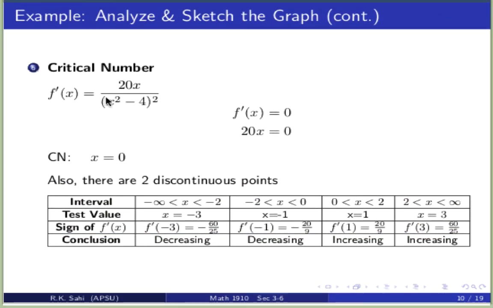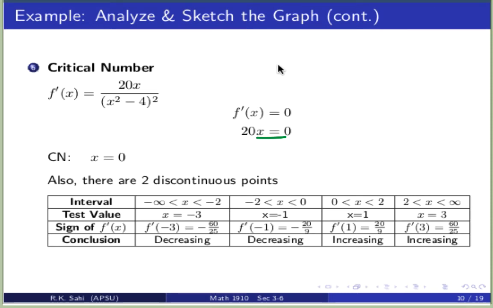Now, to take the first derivative, you get 20x over x squared minus 4. To find the critical numbers, you set the first derivative to 0. Basically, x is 0. Now, I have my critical numbers here: minus 2 and 2. Oh, sorry, these are not critical numbers, these are discontinuities.